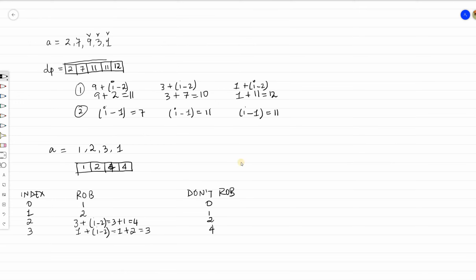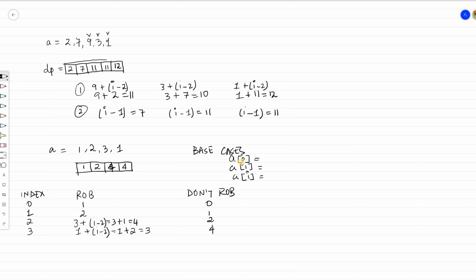So if we try to put this in a formula, it would look something like this. For the 0th, our base cases, let's say my value is A0. We will set our base cases for A0 and A1, and for all the remaining A i, we'll have a formula.